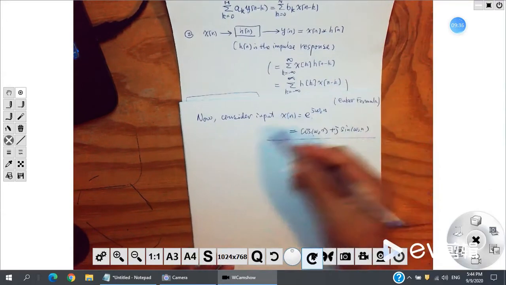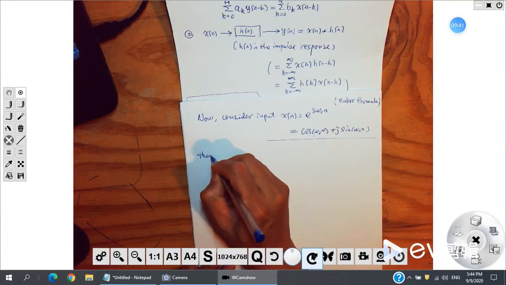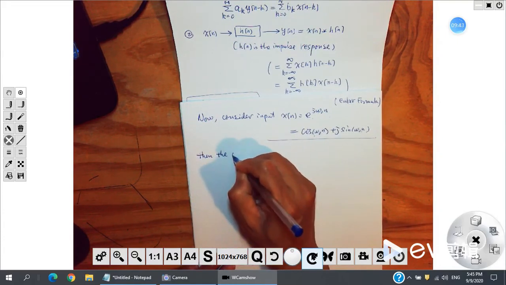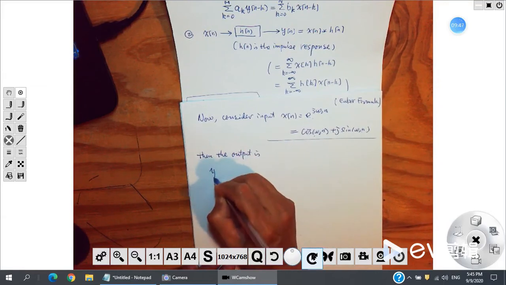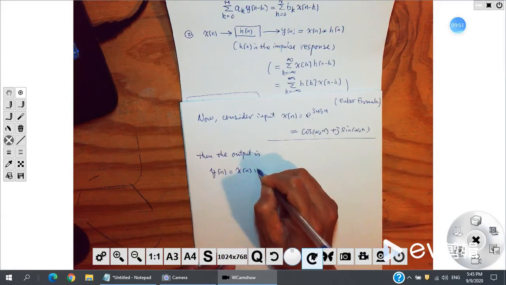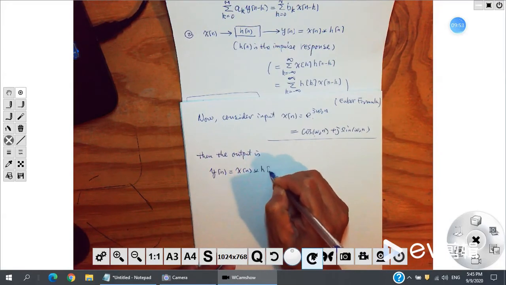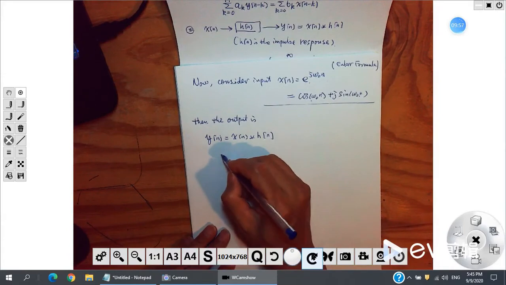Then the output y of n is the input convolved with the impulse response. Now we do the calculation based on the definition.